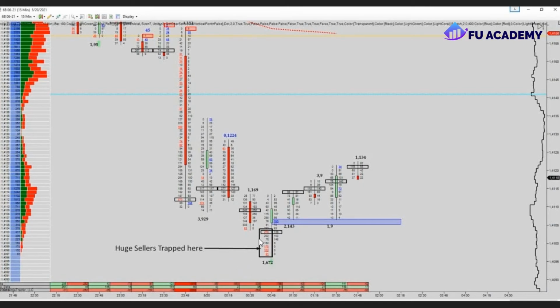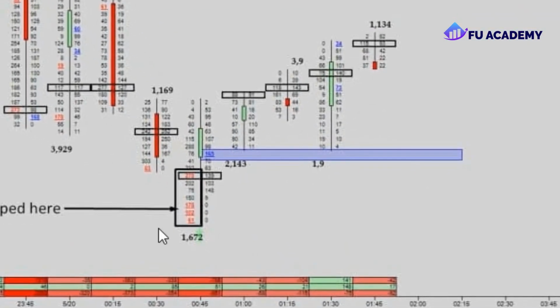I saw almost 400 or 500 contracts of sellers try here, but the candle closed bullish, and see after that price moved up. Actually it moved very high. So these are sellers trapped here. The big red numbers are getting trapped at the left bottom corner of a bullish candle, of a bullish footprint, I mean to say.